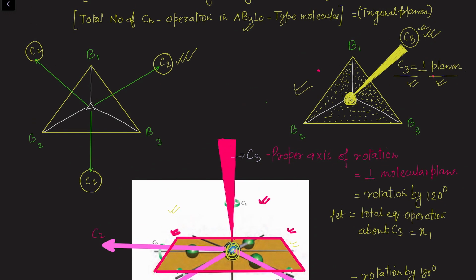In this molecule, this shaded area is the plane, this solid yellow color is the central atom, and this is the C3 which is perpendicular to the plane. Now you can easily visualize the presence of the C3 axis of rotation in this type of molecule. So now it is clear that in this molecule two different types of proper axes of rotation are present: one is C2, one is C3.